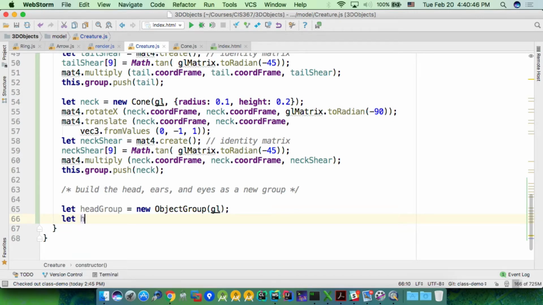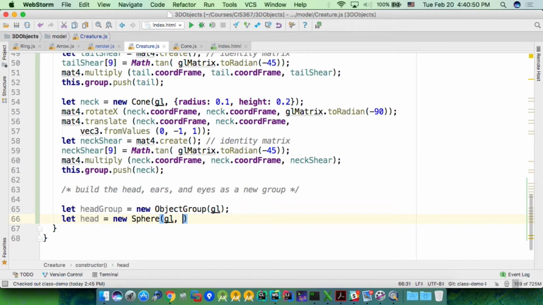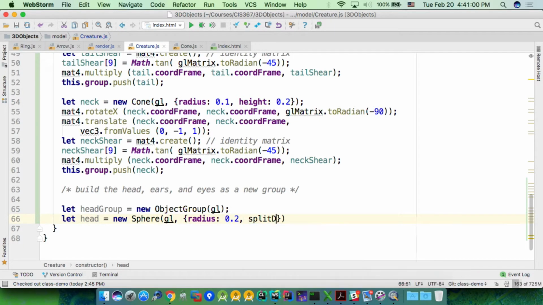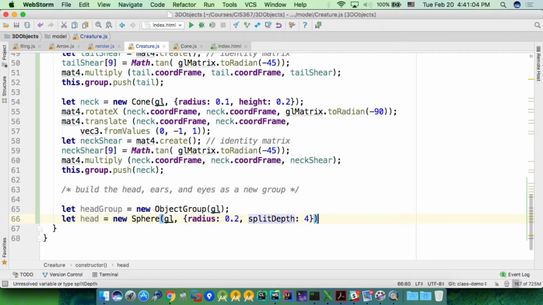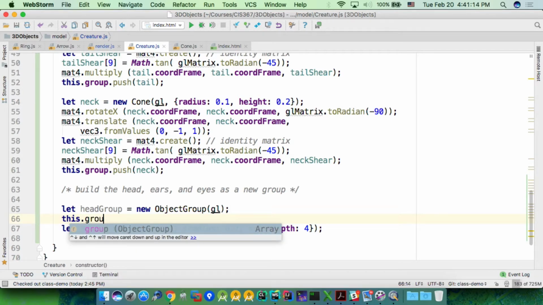So let head be a new sphere. And for my sphere, I do have to say the radius. Radius is 0.2, and then the split depth, the recursion depth, let's just use 4 for now. Okay, and then I'm going to add the head group to this group.